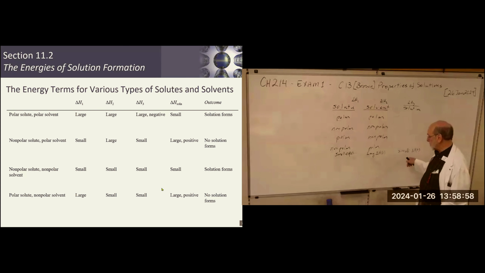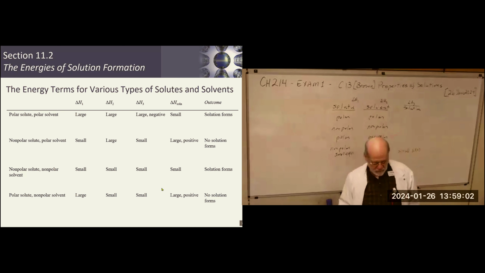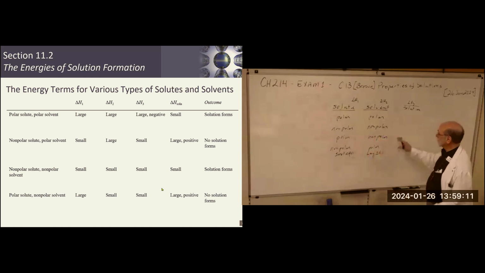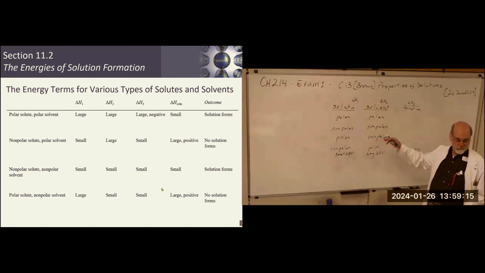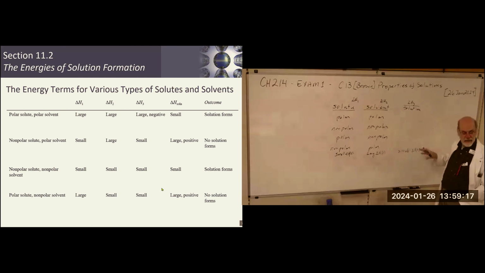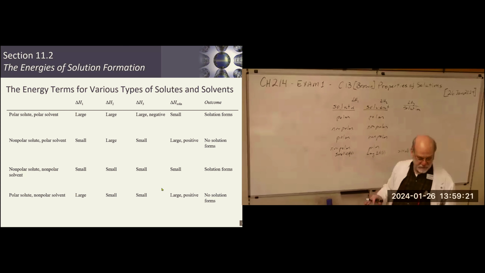So you're not getting any energy back. You're putting a lot in, but you're not getting any back. And what that means is that it's not likely that the solution is going to form because there's no interaction between the molecules. And so once you get them apart, it really doesn't matter because they're not going to like each other anyway. So oil and water don't mix.